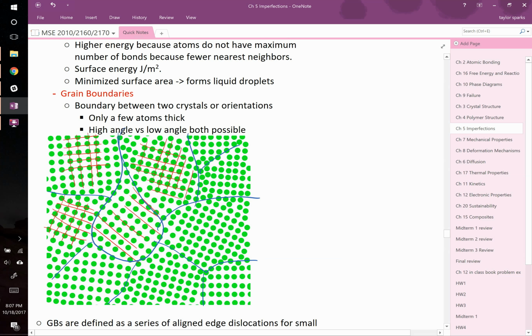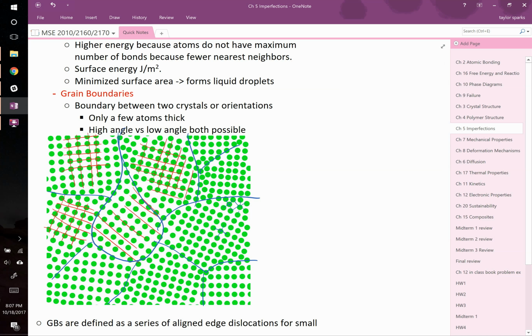And again, grain boundaries represent regions where atoms don't have their optimal bonding arrangement. In the center, this thing is happily bonded to the 4 atoms adjacent to it. But if you look at this atom, it's far too close to the 4 atoms around it, right? Whereas this one doesn't even have the right number. It sort of has 4 or 5 or 6, depending on how we would count these things closest to it. It doesn't have the right number of bonds.